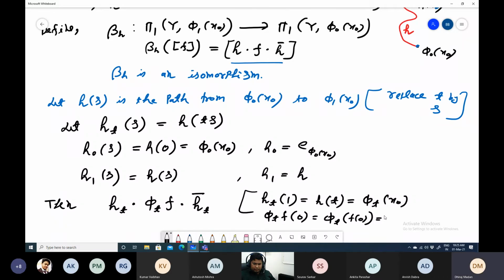Like f0 is x0, so phi t f0 will be phi t x0 again.